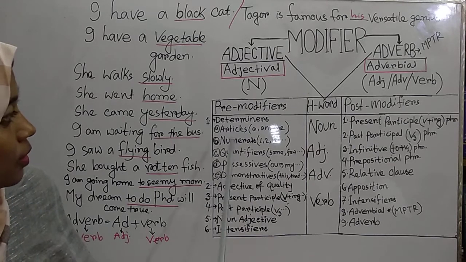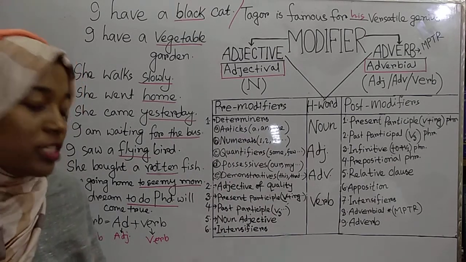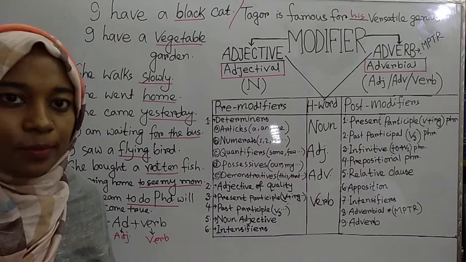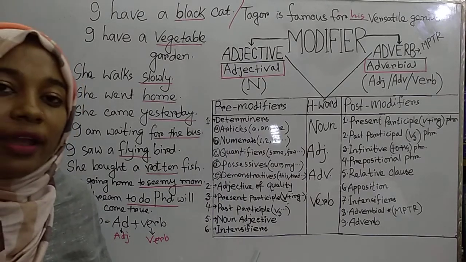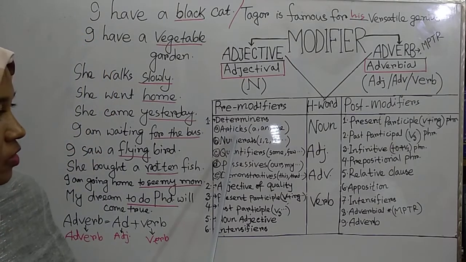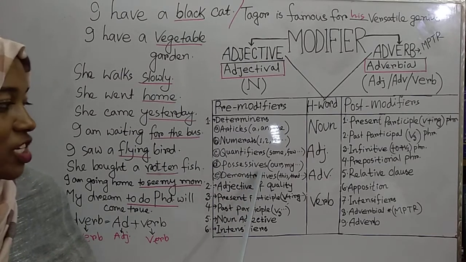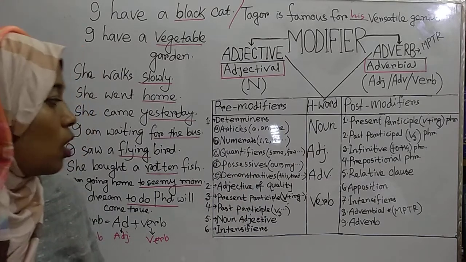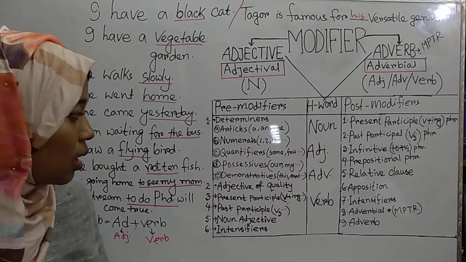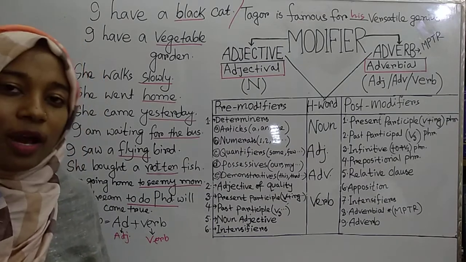Then you can see determiners. Determiners are the words that determine or indicate the numbers, articles, quantities, possessions of nouns, or they point out a particular noun or nouns.